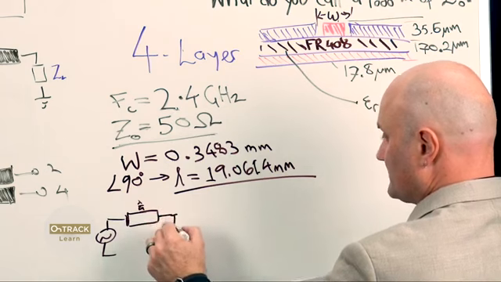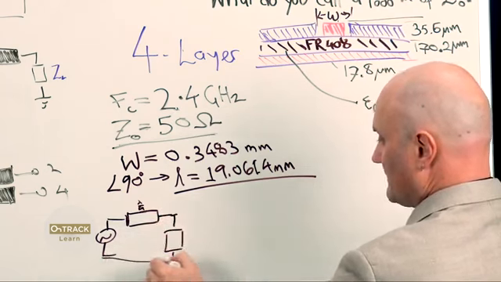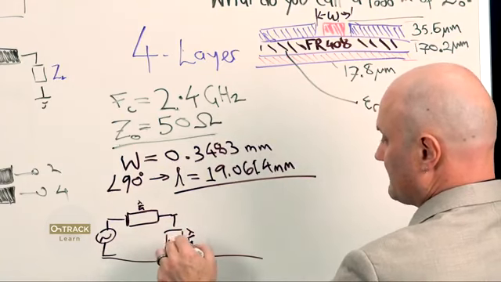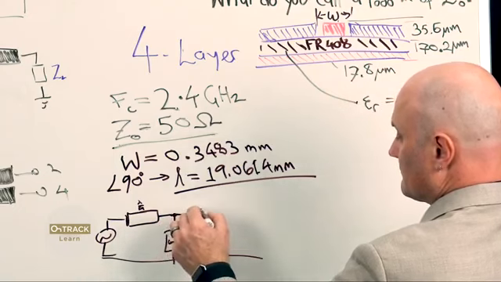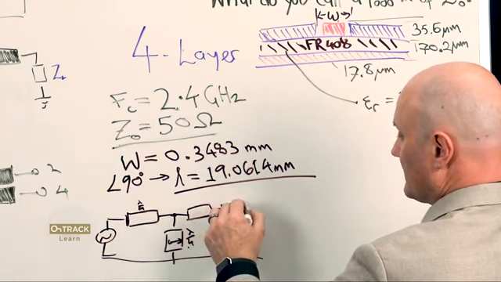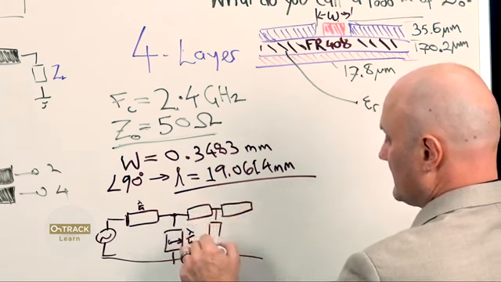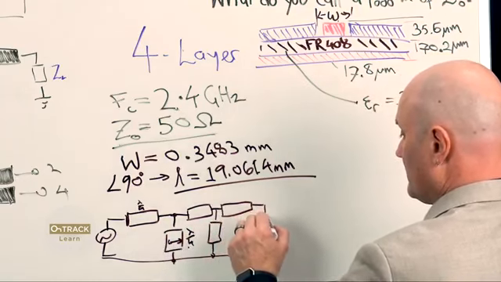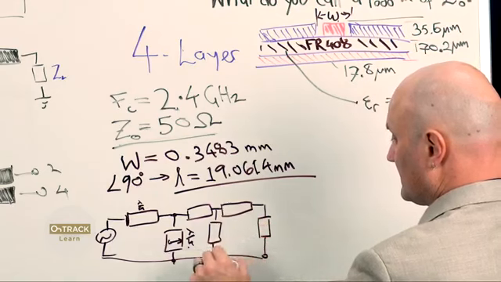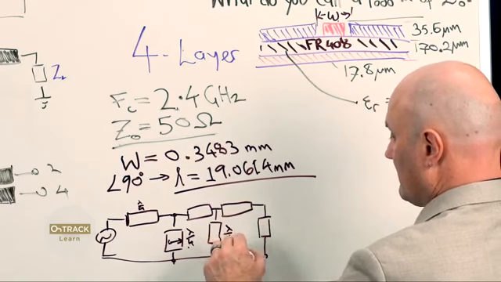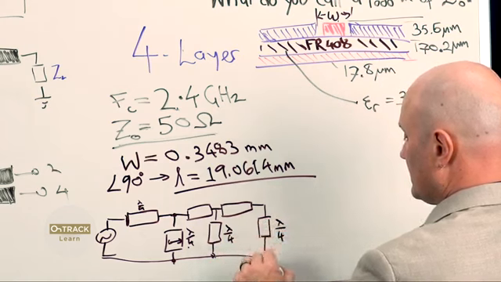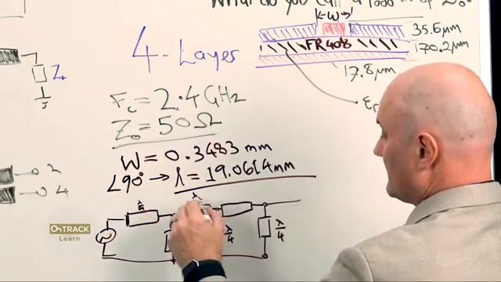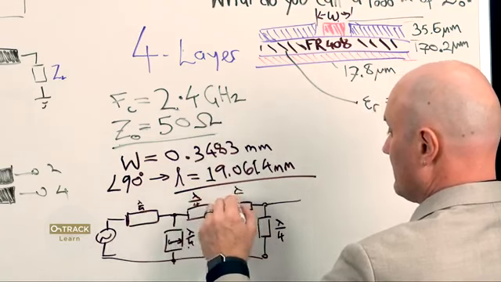And then that's going to join to a short circuit stub, a quarter wavelength long, but a slightly different impedance because we can vary things, and not to go into all the detail of why we're doing that right now, but I've got a few short circuit stubs, all a quarter wavelength long, separated by series transmission line segments, also all a quarter wavelength long.